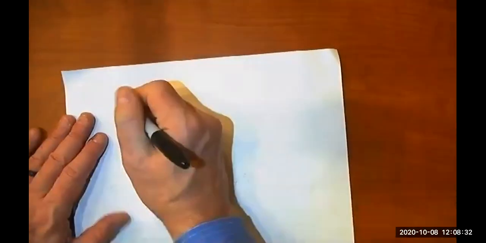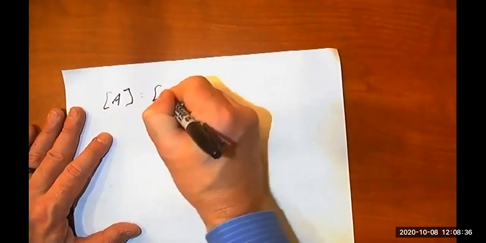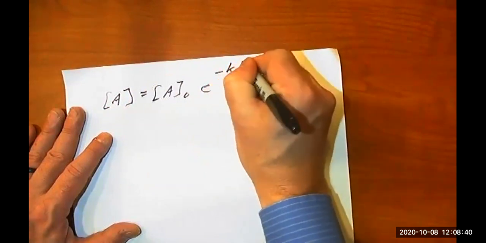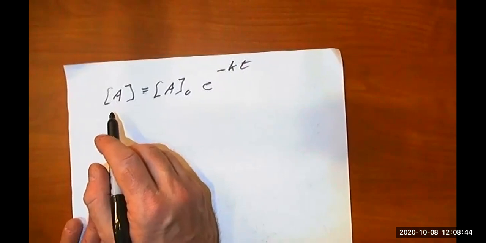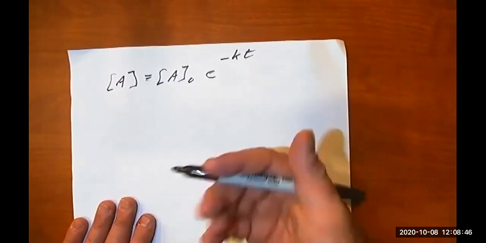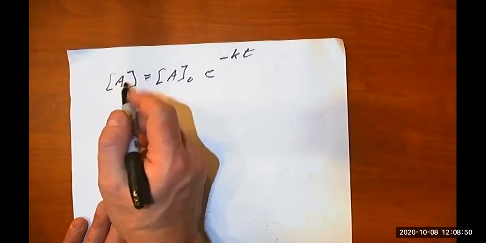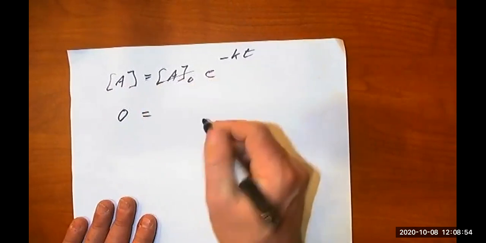If we have a first-order decay where our concentration equals our initial concentration e to the minus kT, and we ask when it 100% decays away, then this would have to be 0, right? So it would be 0 equals something here. So that's going to go away.